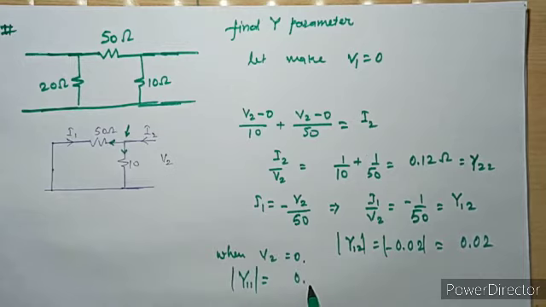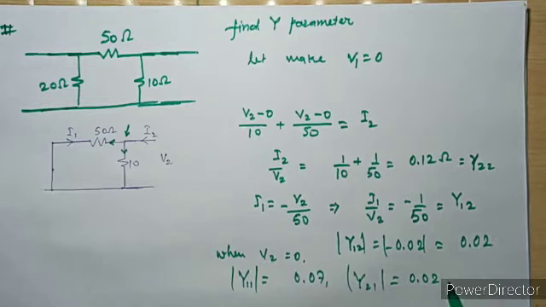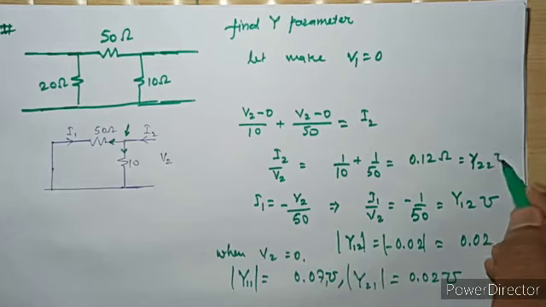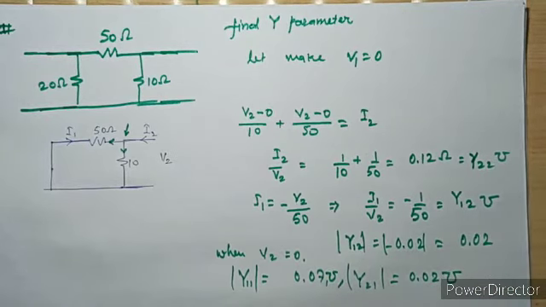Let us say mod of Y11 is 0.07 and Y21 will be 0.02. This all will be in mho or Siemens, right? Clear?